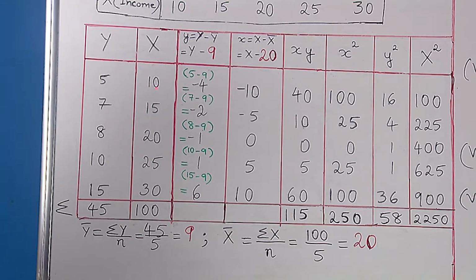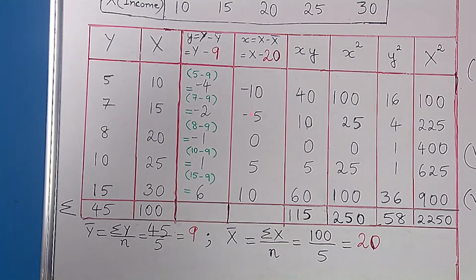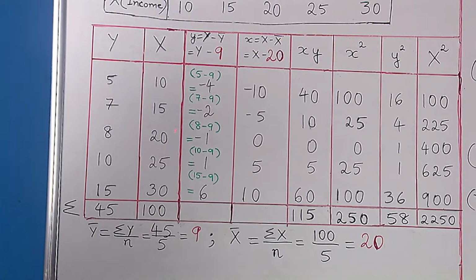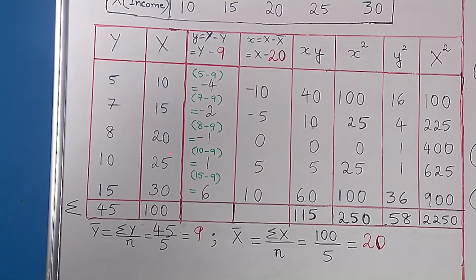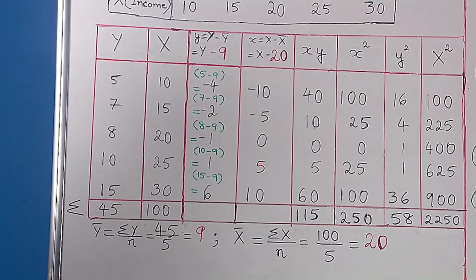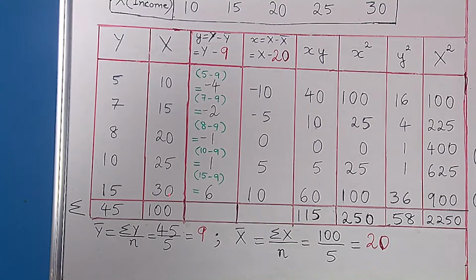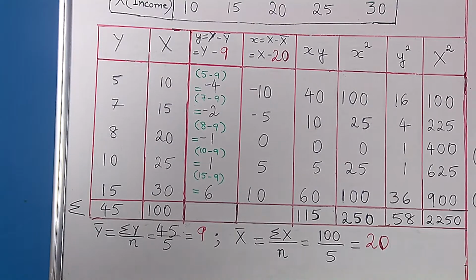So, first element 10 minus 20 gives you minus 10, 15 minus 20 gives you minus 5, 20 minus 20 gives you 0, 25 minus 20 gives you 5, and the last one 30 minus 20 gives you 10. So, this whole column is complete with all the deviation values of x.